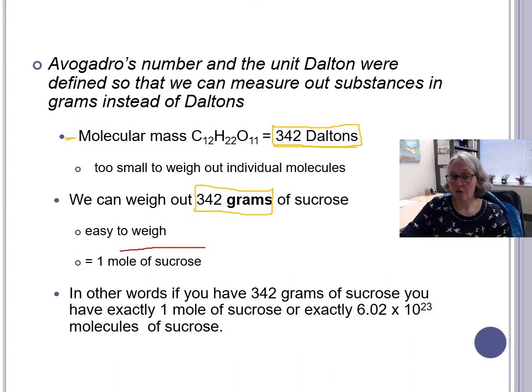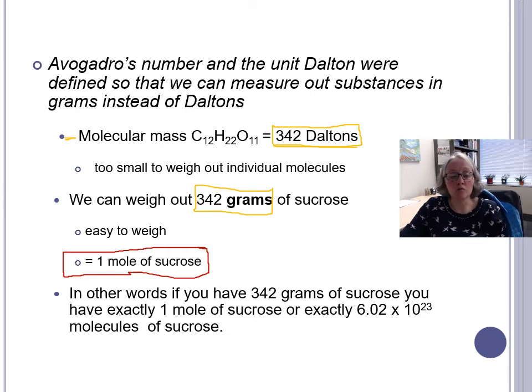If you weigh out the molecular mass of a substance in grams, that automatically equals 1 mole of sucrose. So in other words, if you weigh out 342 grams of sucrose, right, we took its molecular mass and just weighed it out in grams, you automatically know how many molecules of sucrose you have. You've got exactly 1 mole, or 6.02 times 10 to the 23rd molecules of sucrose.